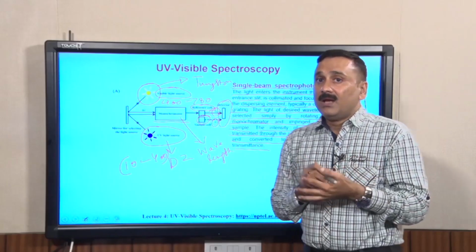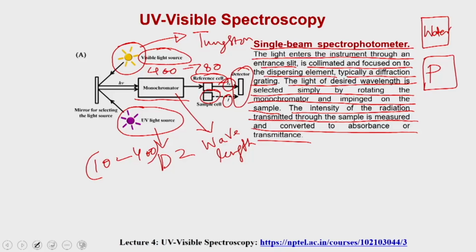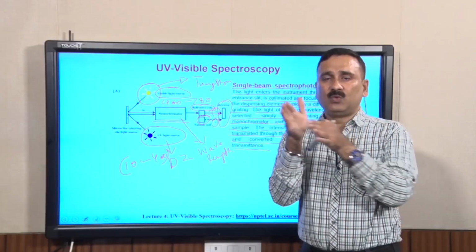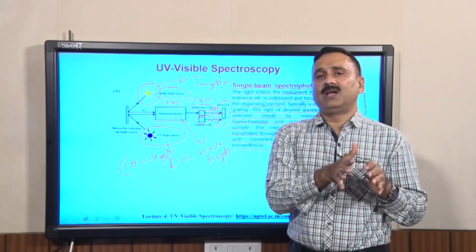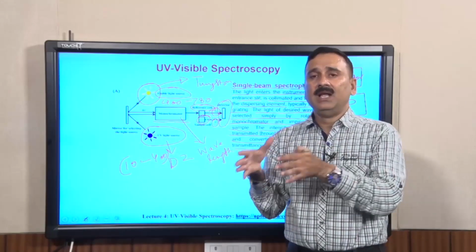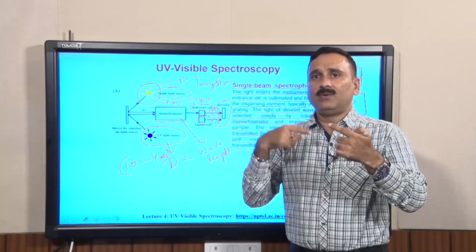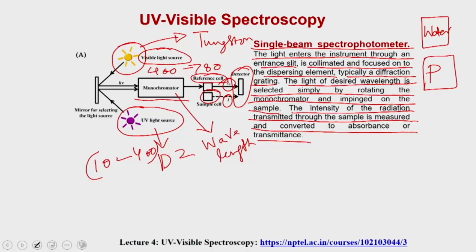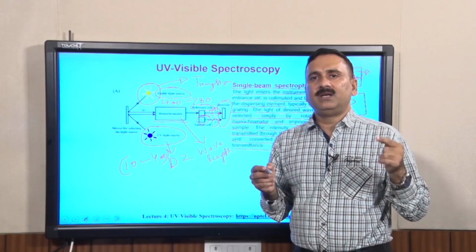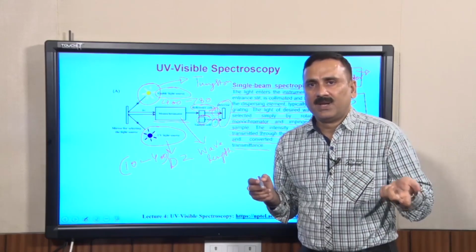But if you have a single beam spectrophotometer, you are going to first measure the water and then take it out and use your test sample, which is protein. But in between, if there is any fluctuation in the intensity of the light, then it is going to give you artifacts, because it will not adjust.